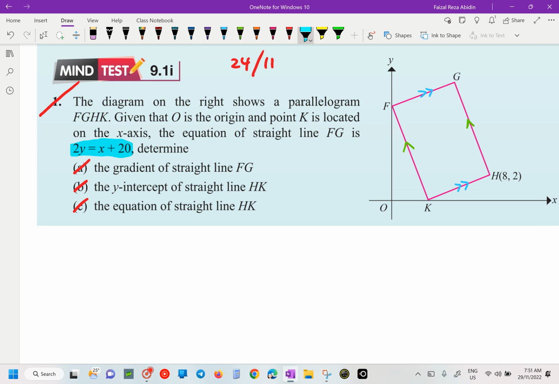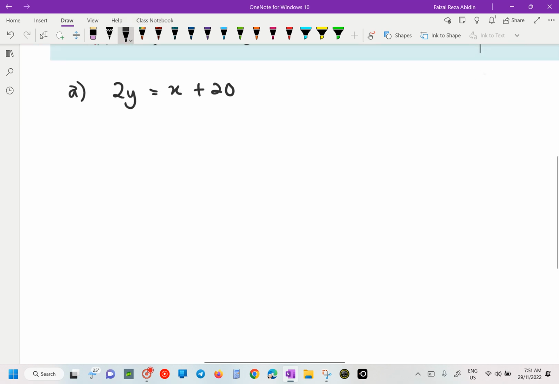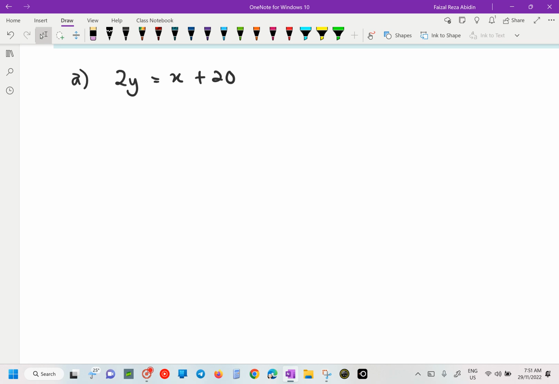So the question over here is to determine the gradient of straight line FG. So what must I do? We have our equation 2y equals x plus 20 for our straight line FG. Is our gradient 1?